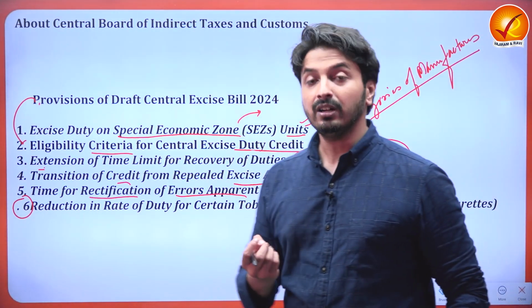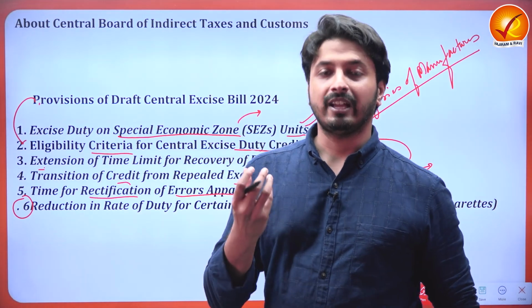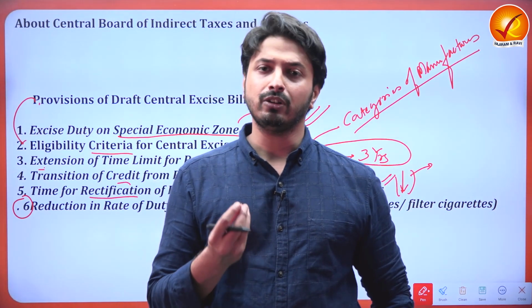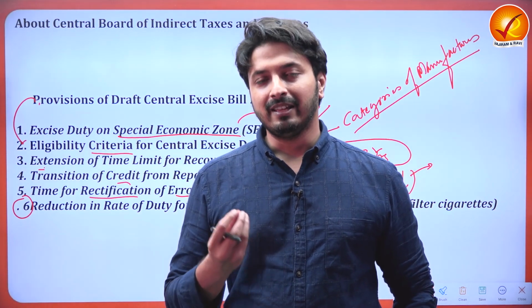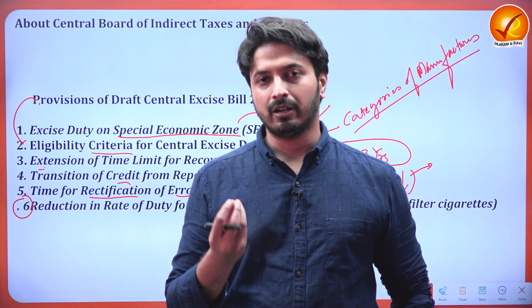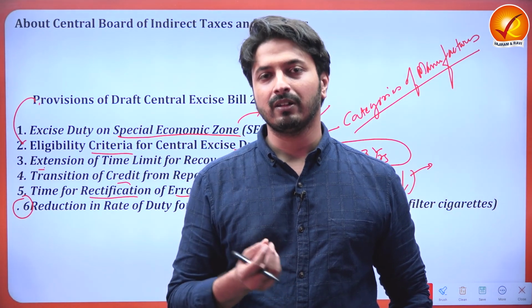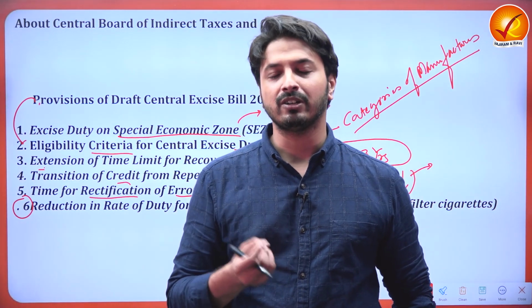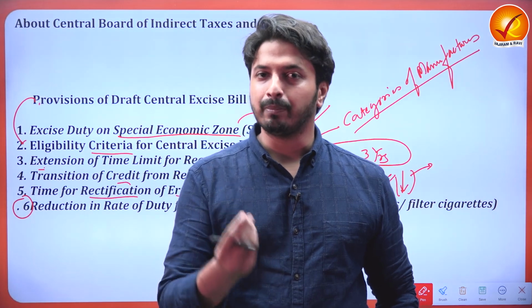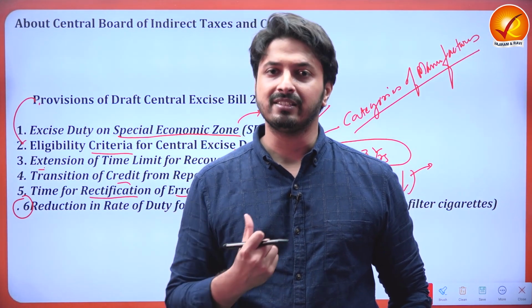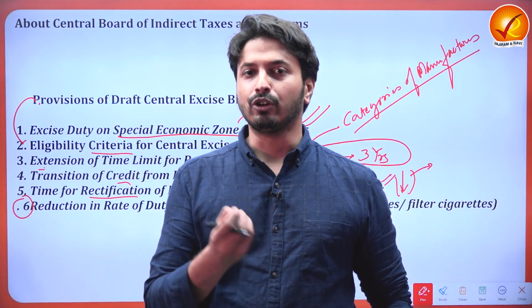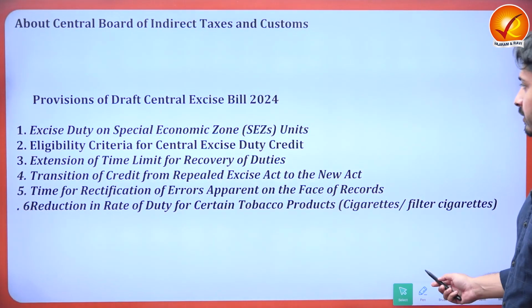So it has reduced the rate of excise duty on tobacco products. However, this draft bill is open in the public domain, so that various stakeholders, whether chartered accountants or manufacturers, can provide their suggestions on how to make this draft bill a more inclusive one. Now let's come to the next topic.